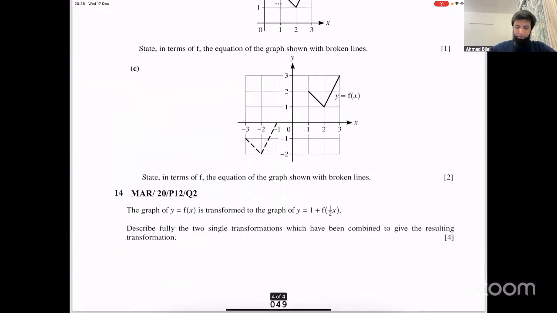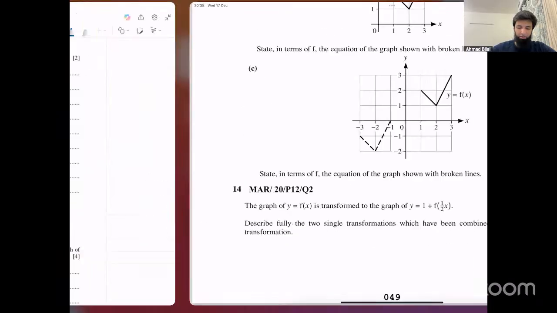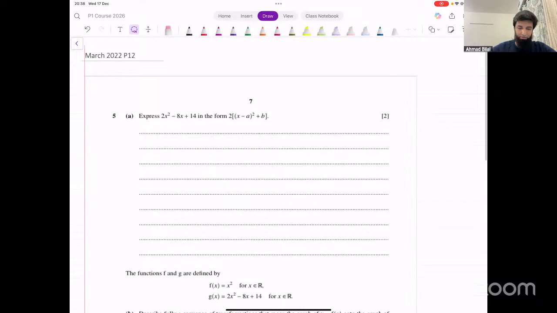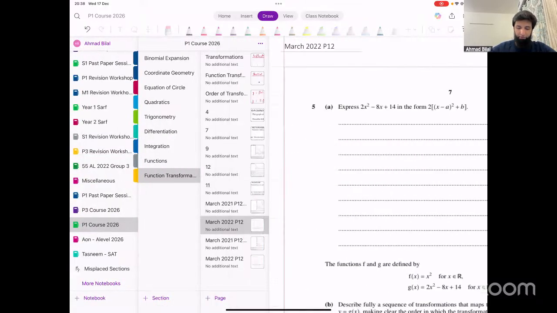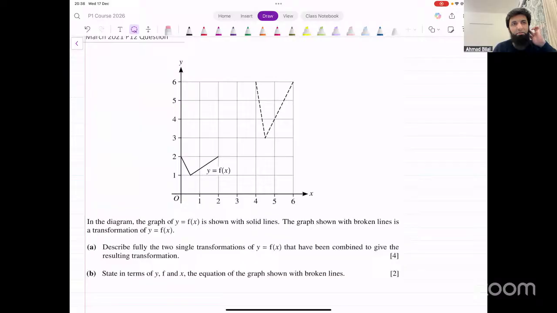Question number 14 is not that. 14 is different. March 2020. This one is 2022 and 2021. These are different questions. Okay, they're not in the worksheet. So please make sure to attempt these as well. 13, yes. So 13 was, no, it's not the same. It's different. This one is different. Okay, please make sure to attempt these questions along with the rest of the worksheet.